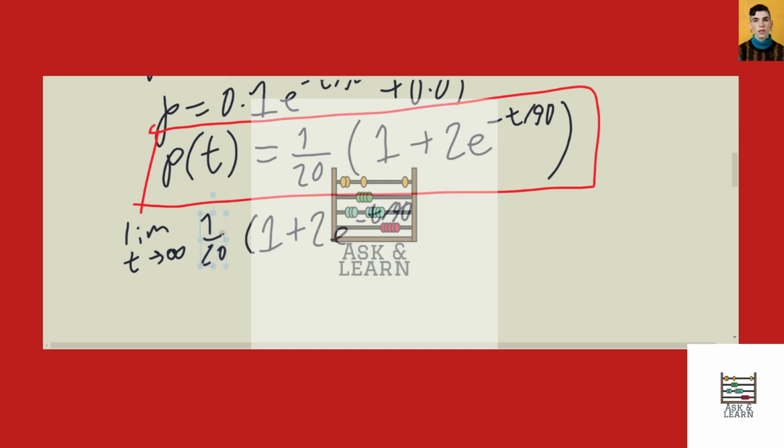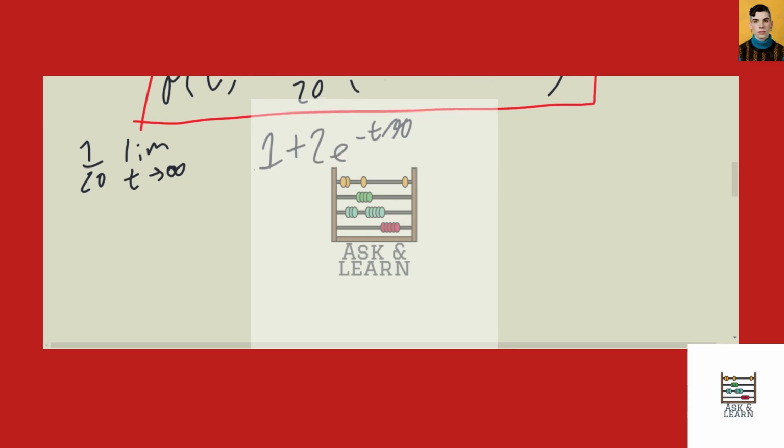We can easily take out this constant for the limit. Since this is just a constant as well, what we basically just have is 1 over 20 times 1 plus 2 times the limit as t approaches infinity of e to the negative t over 90.